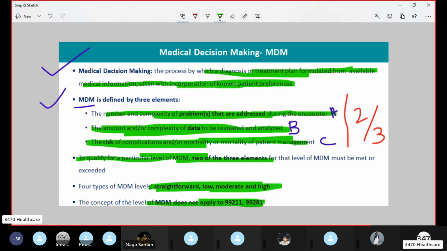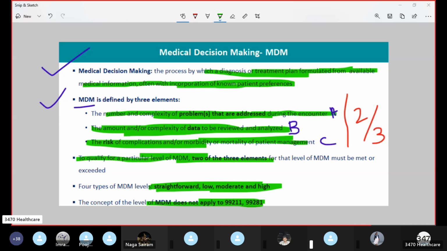So what are all the MDMs we have? What are the levels of MDM? Guys, please respond.